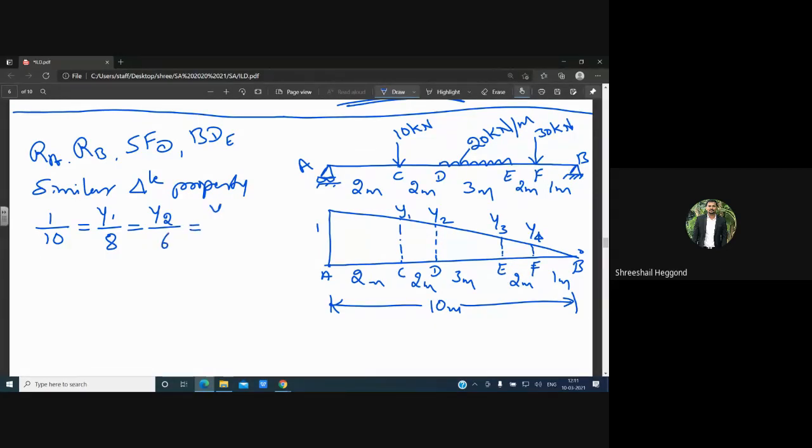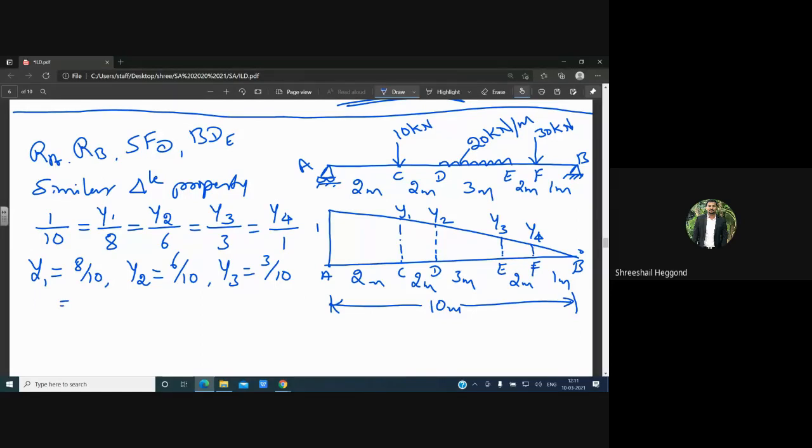That is equal to y3 divided by 2 plus 1, that is 3, and y4 divided by 1. It can be calculated as: y1 is equal to 8 divided by 10, y2 is equal to 6 divided by 10, y3 equal to 3 divided by 10.